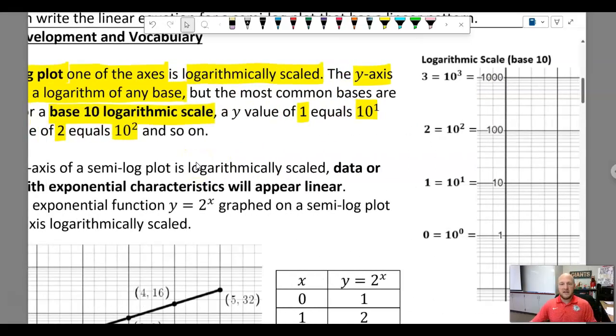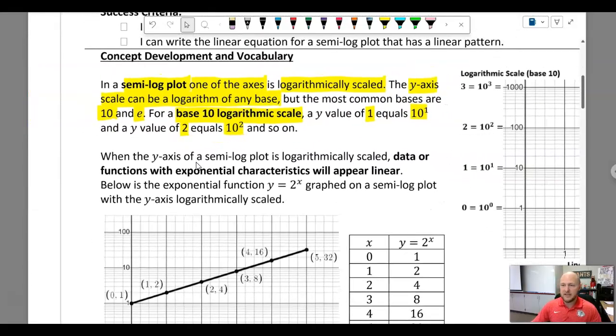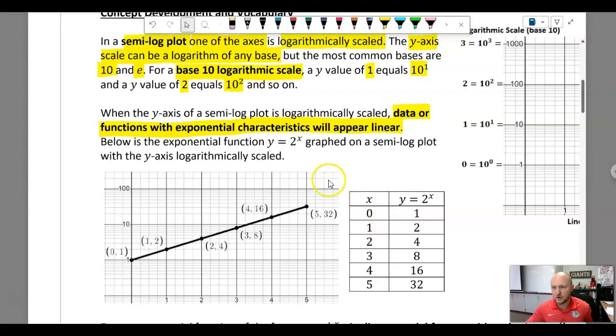So what this ends up doing is the exponential characteristics of an exponential function will appear linear. So data or functions with exponential characteristics will appear linear, or they will linearize is the phrase. So below here we have an exponential function that is 2 to the power of x graphed on a semi-log plot.